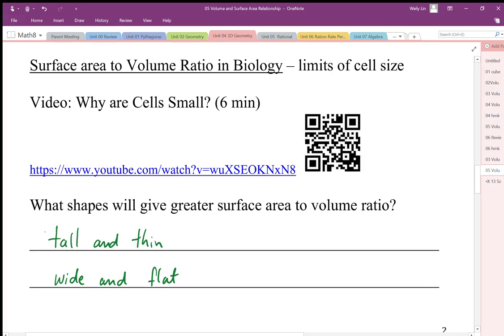That allows for a really big surface area for the same volume and allows for a greater amount of heat transfer. So they're able to get rid of heat much more efficiently, having these big, wide, and flat ears. So there are some factors that affect these things.